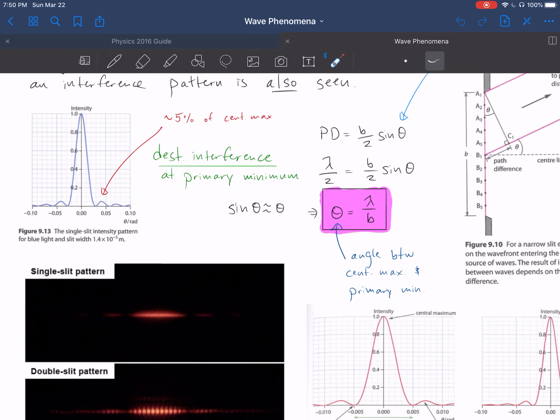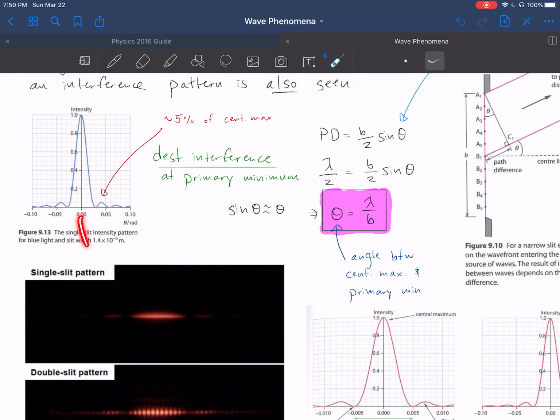If you were to graph that, you would see a central maximum right in the middle of the intensity curve, and then a primary minimum right next to it, and another maximum, and so on and so forth. And those secondary maxima are at most 5% of the intensity of the central maximum. Unfortunately, that is something you need to know.